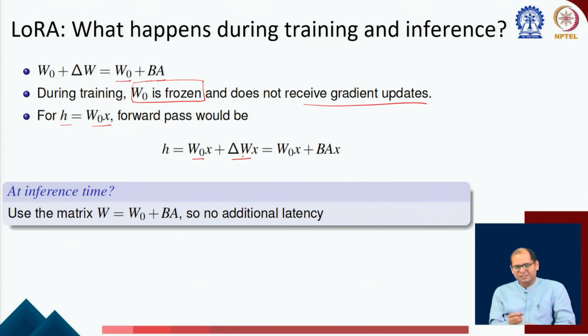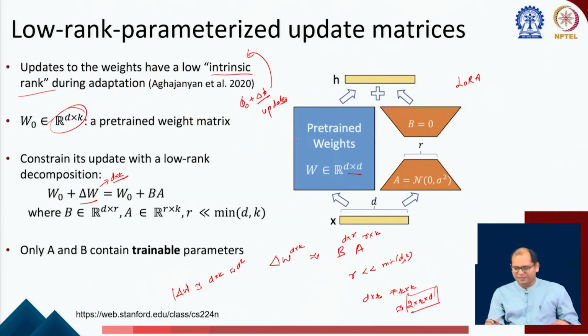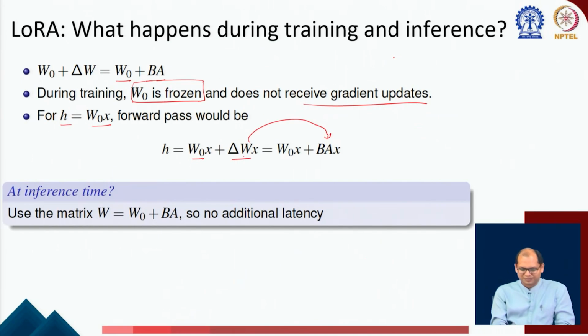This will be the new set of parameters, and delta W I write as B times A. So in forward propagation, I multiply x with both W naught and B A, add these outputs, and get my h. This is what happens at training time, in the forward propagation. Then you do back propagation. The gradients will only be received at B and A. W naught is frozen and does not receive any gradient updates. Only these receive gradient updates.